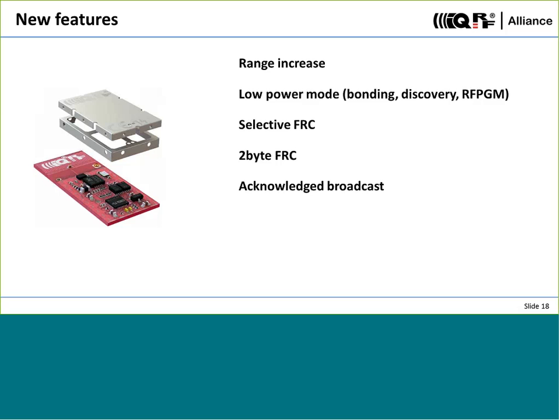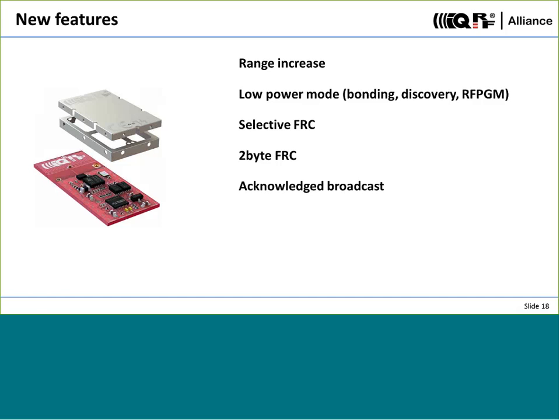By the way, this acknowledge broadcast doesn't serve only for confirmation of some action, but it could be used also for collecting data. This is something which I will show you later on. Basically, you can send a message like switch on the lights and give me data of the temperature.